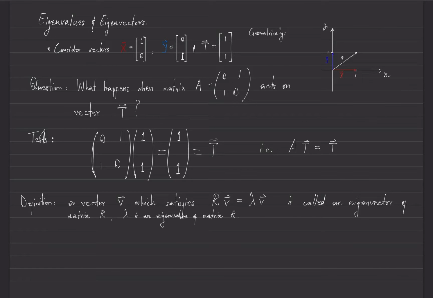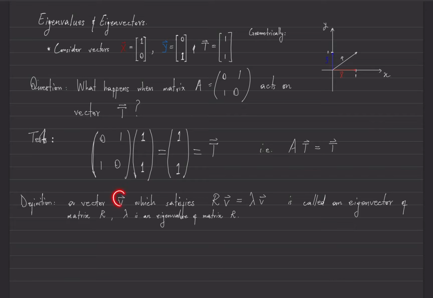Now, this is where we will begin to introduce the idea of eigenvectors. Any vector V bar which satisfies this equation is called an eigenvector of the matrix R, and lambda is known as the eigenvalue of matrix R. So now notice, this equation is very similar to what we had here.